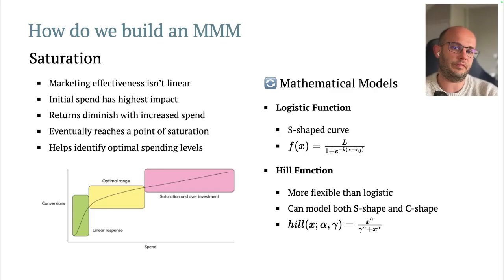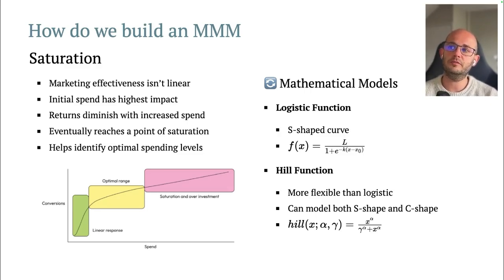The easiest way to think about this is with this chart, where initially, when you spend, there's the ramping up phase where you're going to get more out of your dollars of media spend. Then there's going to be an optimal range, and there will be a point of overinvestment. And the question is, how can we model this? And MMMs usually have one of two models.